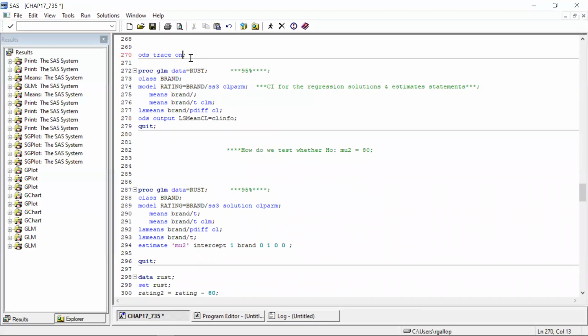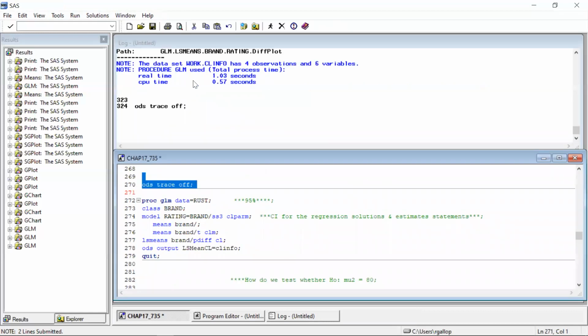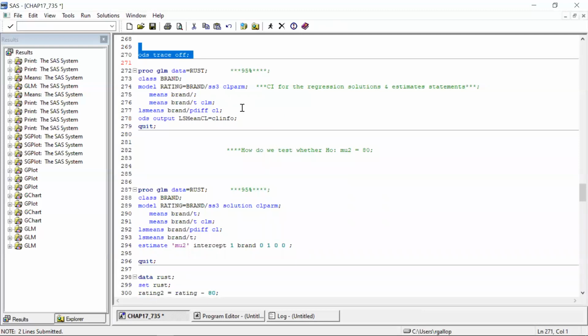The big thing is when you turn that trace on, it sends a lot of stuff to the log. And then you always just turn it off by rerunning the code. So that could be useful information if you want to send anything to the output.